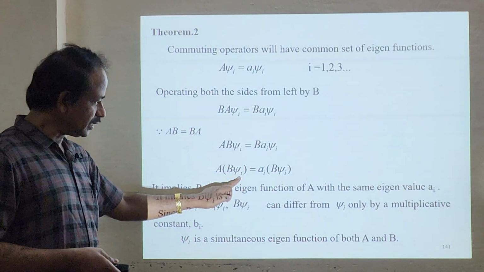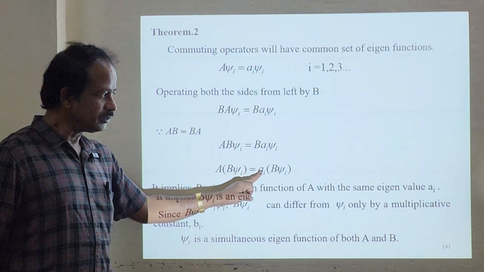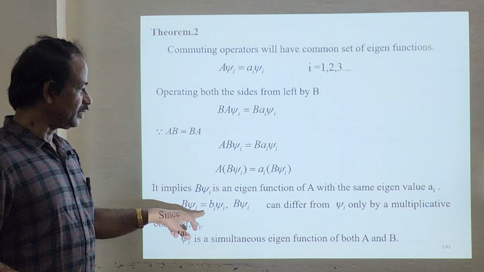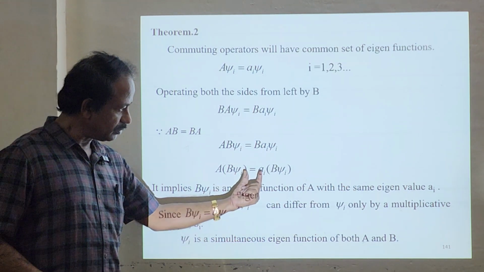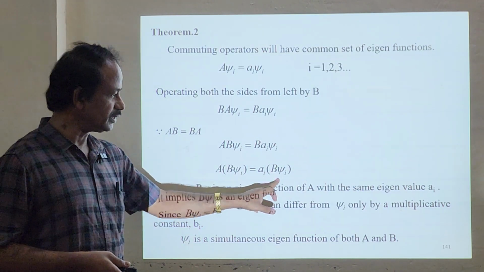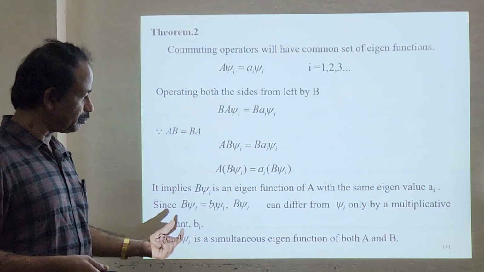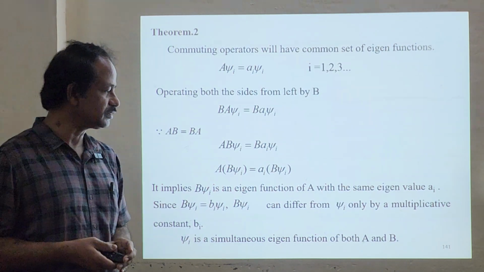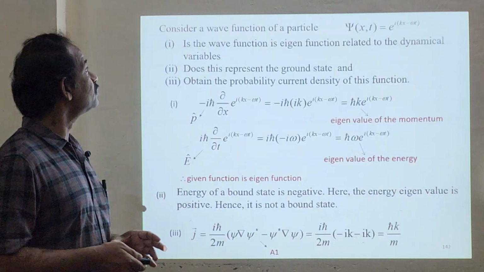Since B psi A can differ from psi A only by a multiplicative constant Bi, because B psi A equals Bi psi A, it implies that psi A is a simultaneous eigenfunction of both A and B. Okay, so theorem 2 is proved.